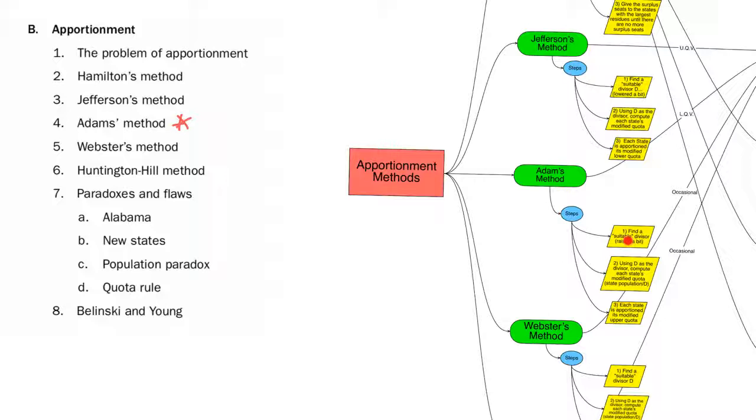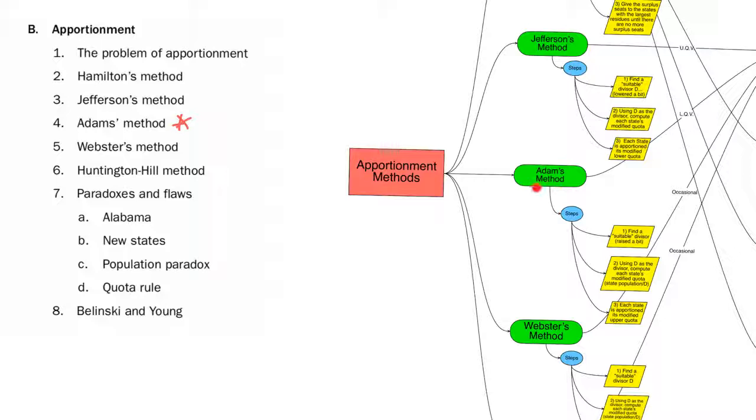And some of you at home watching might understand immediately that that's going to result in the modified quota being lower than the standard quota. Step number 2 is to use D, the new divisor, in such a way that you would compute each state's modified quota. And then step number 3, each state is apportioned its modified upper quota.